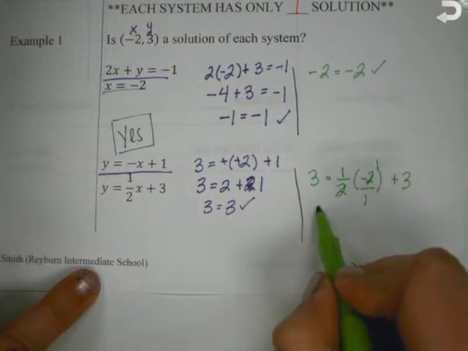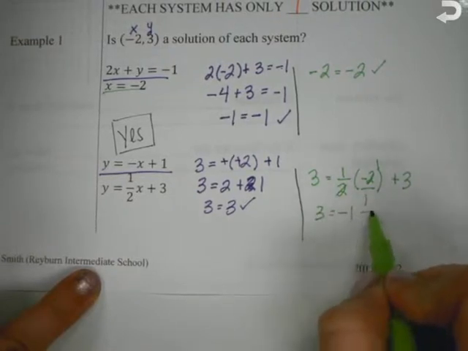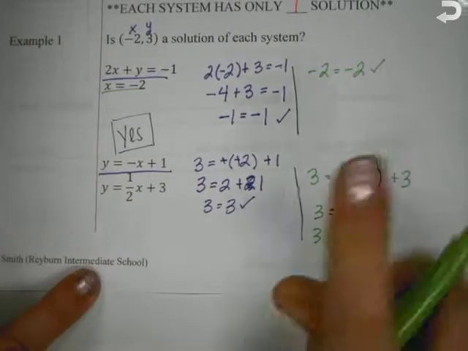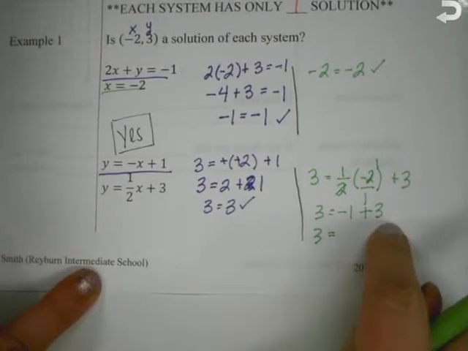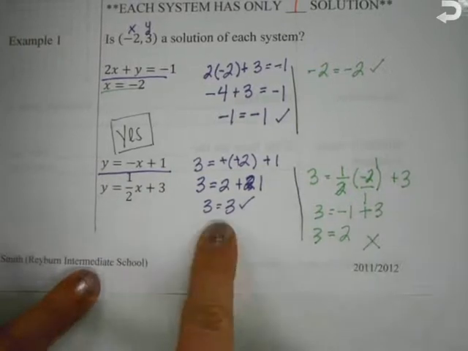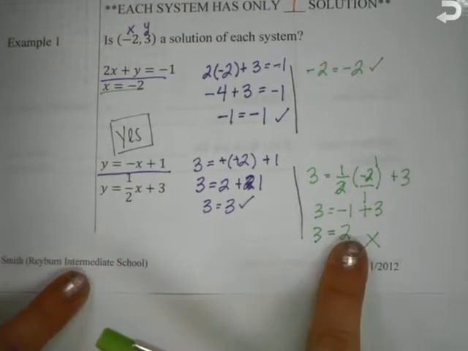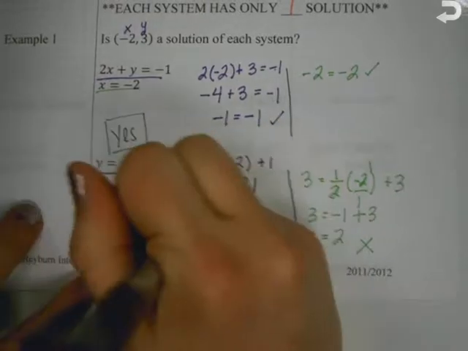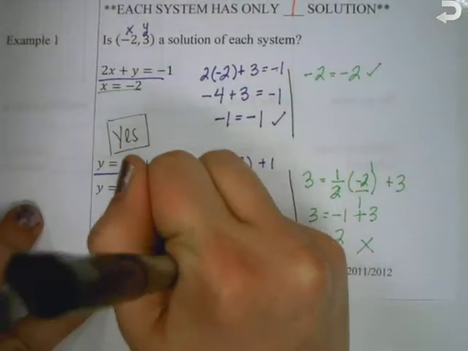So what's negative 1 plus 3? Positive 2. Is that true? No. So it was true for the first one, not true for the second one. So is it a solution to the system? No. So our answer is just no. It needs to work for both, or it's not a solution. If it works for one and not the other, that's not good enough.